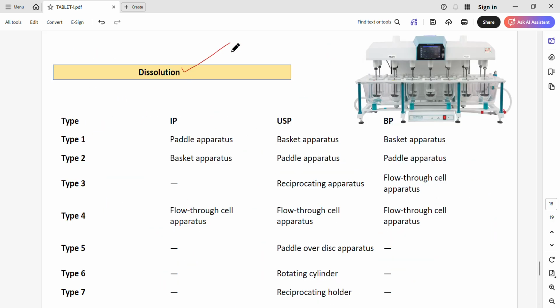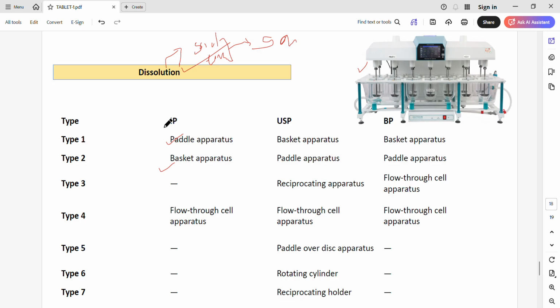Last is dissolution. Dissolution is the process in which a solid form of a tablet, or a suspension or liquid dosage form, goes into its solution form. These are the dissolution apparatus. For the Indian Pharmacopoeia, paddle and basket are used.